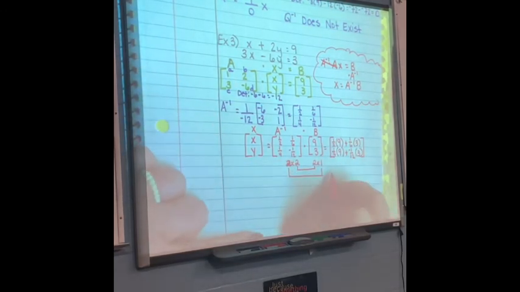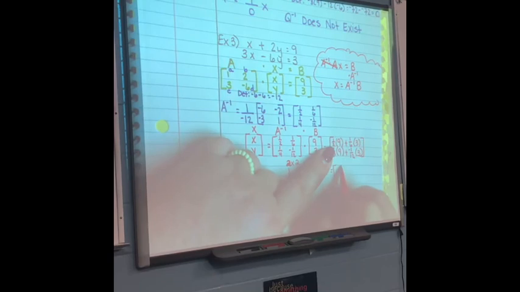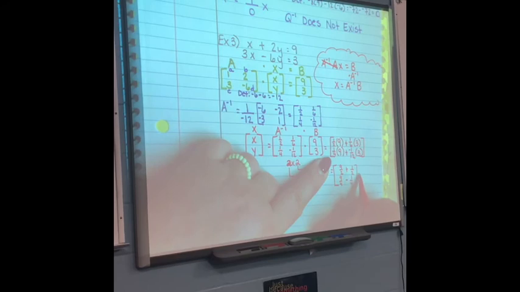Now I need to simplify. 1/2 times 9 would be 9/2, plus 1/6 times 3 would be 1/2. 1/4 times 9 would be 9/4. And -1/12 times 3 would be -1/4.